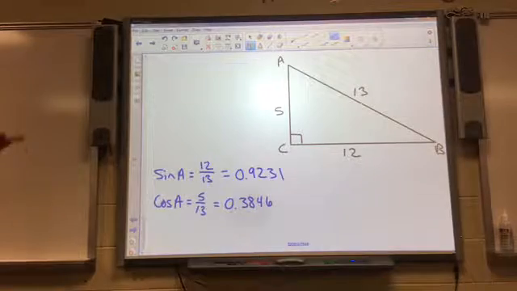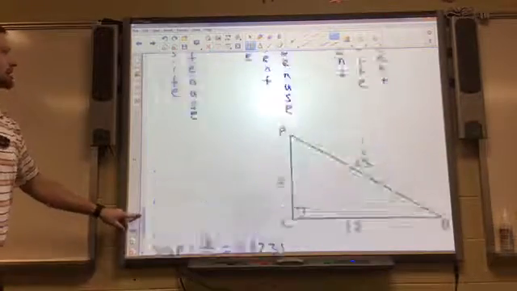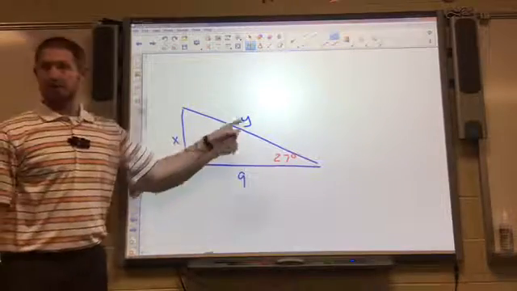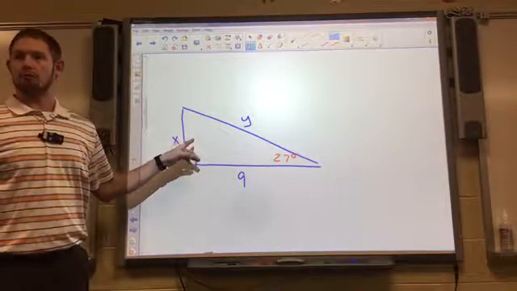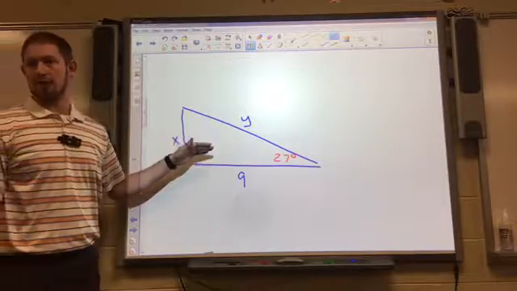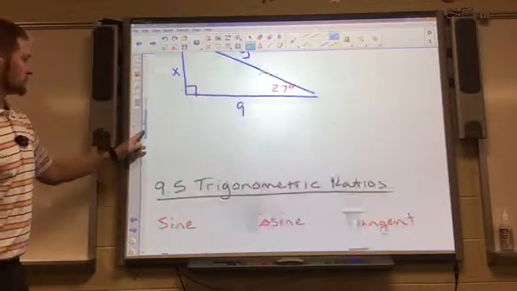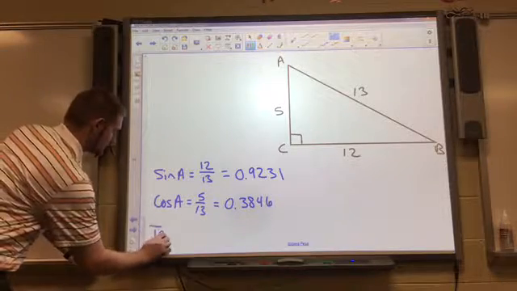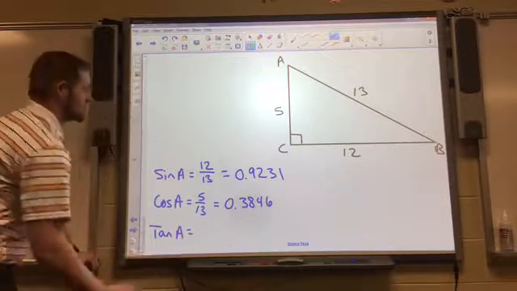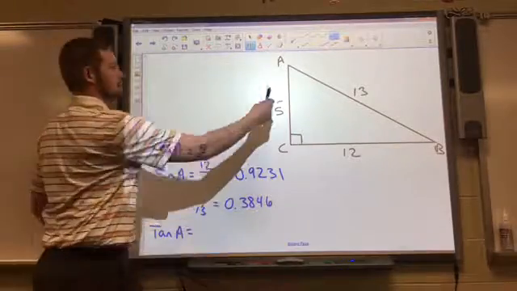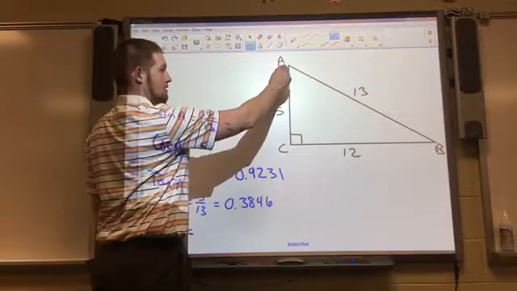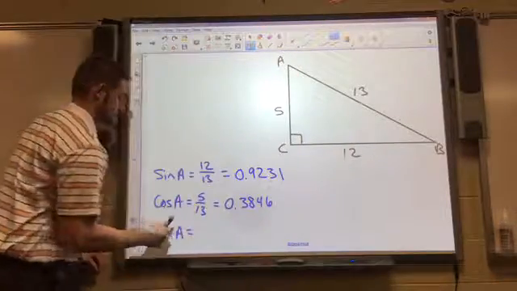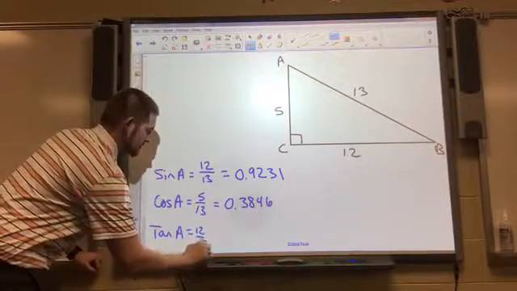Okay, so we're slowly working into, you know how we talked up here, how we're gonna find these side lengths? We're getting there, but first we have to know how to find the sine, cosine, tangent. Okay, so now let's do the tangent real quick. The tangent of A, tangent stands for opposite over adjacent, so it's 12 over 5.